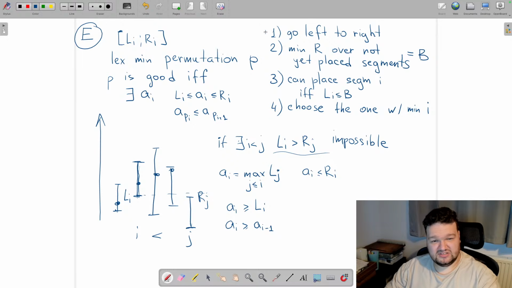Okay, so this is our greedy algorithm. Now we need to find a way to implement it.